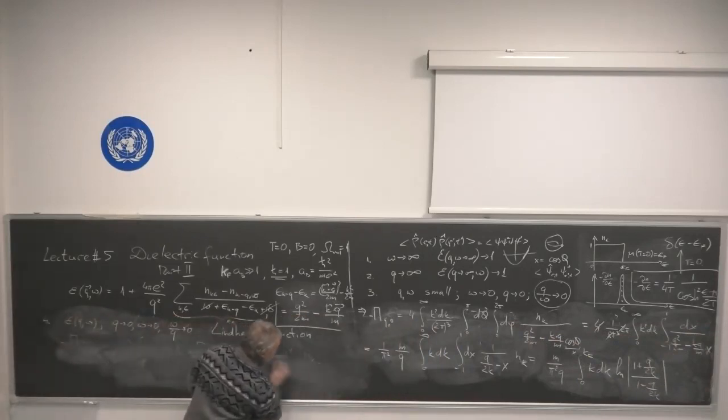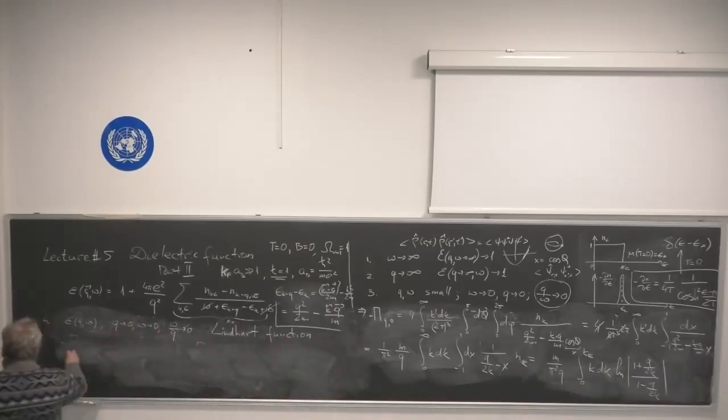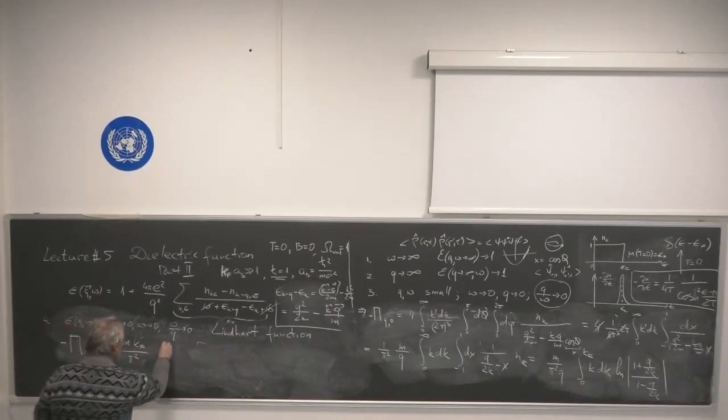I give you the answer. It will take me one page of doing calculations. So minus P as a function of q, 0 is equal to m k_F divided by pi squared times 1/2.